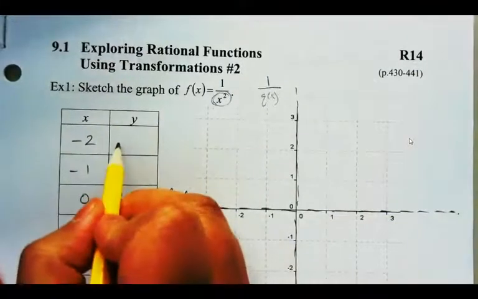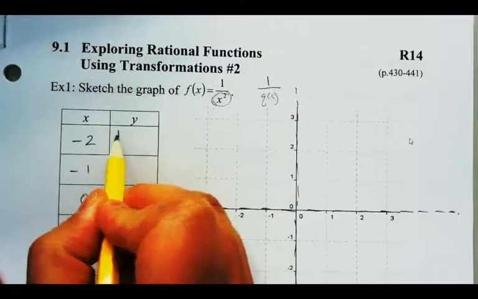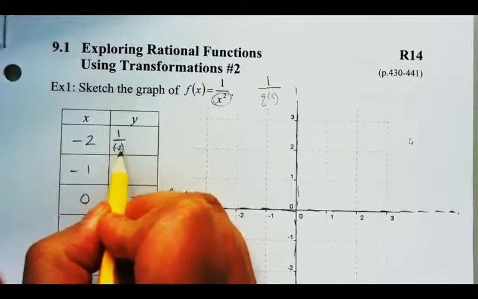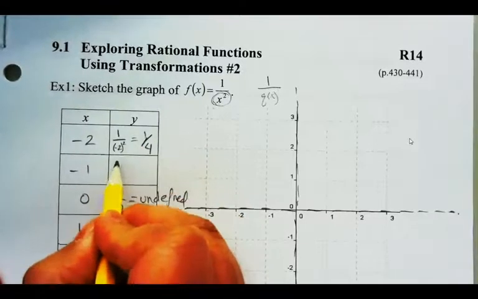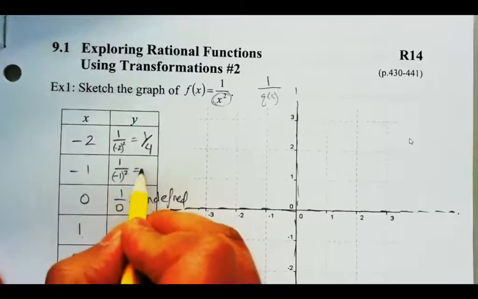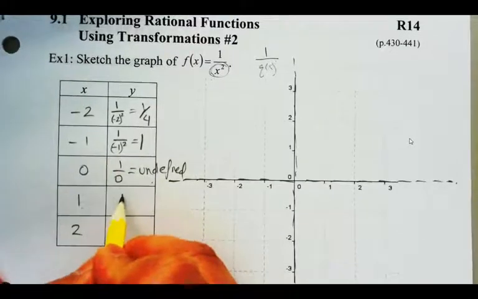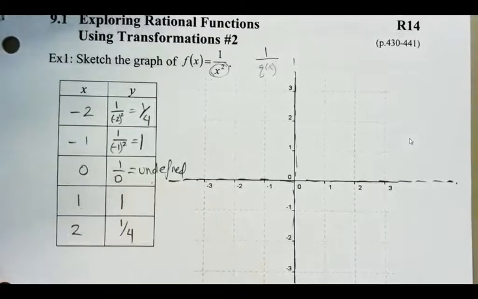Now, let's plot the rest of these points. This is going to be 1 over negative 2 squared, 1/4. This is going to be 1 over negative 1 squared, which is 1. This is going to be 1, and this is going to be 1/4.